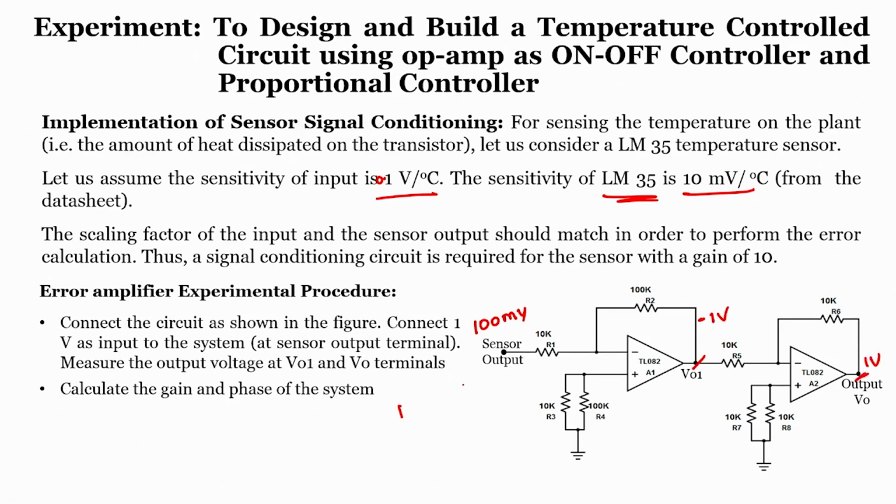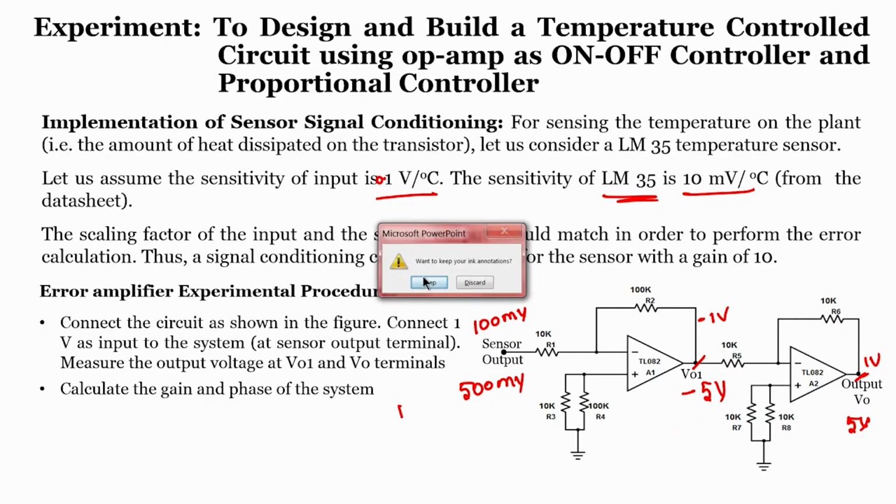Now I will take 500 millivolts; the gain is 10, so theoretically we should get minus 5 volts, and here it should be 5 volts. Now why don't we create a circuit in simulation and verify it.